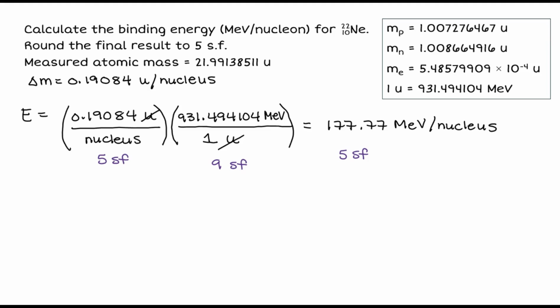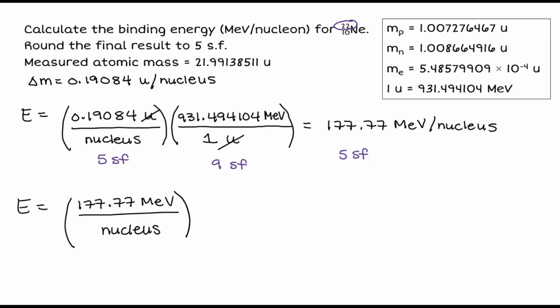We're almost there. One more step, and that is to do that conversion from per nucleus to per nucleon. Remember, the number of nucleons is equal to the mass number, so we have 22 nucleons. So we're going to set this up carefully. So now I'm starting with my binding energy, 177.77 MeV per nucleus.